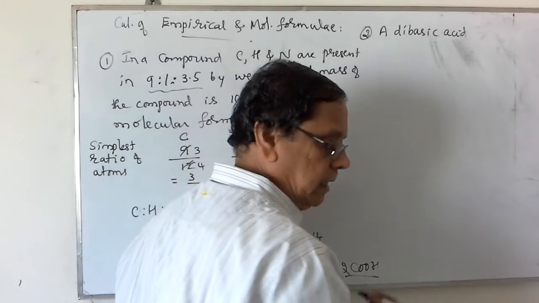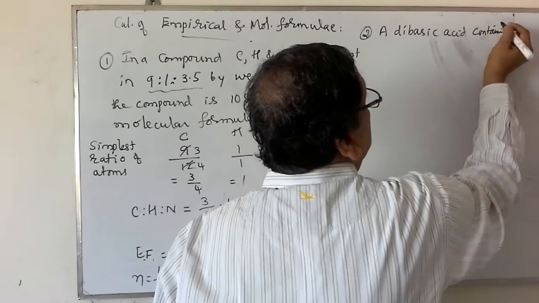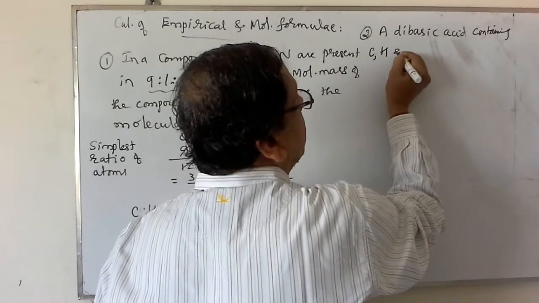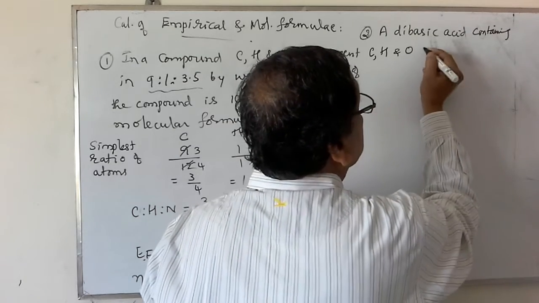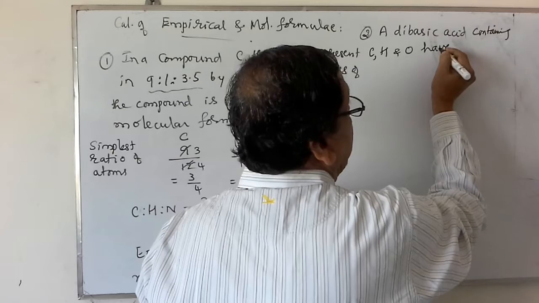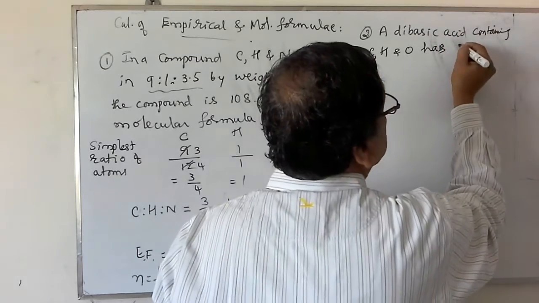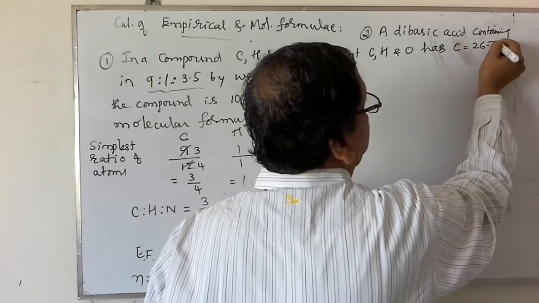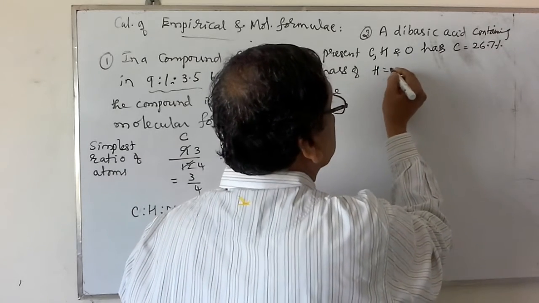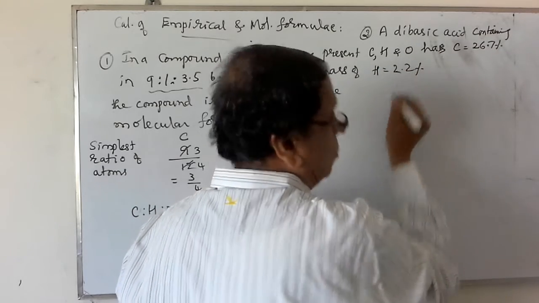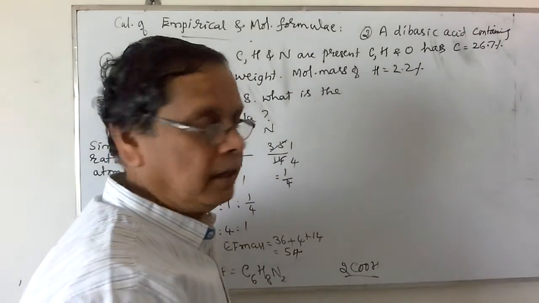So a dibasic acid containing carbon, hydrogen and oxygen has carbon 26.7%, hydrogen 2.2%, and the remaining will be oxygen.